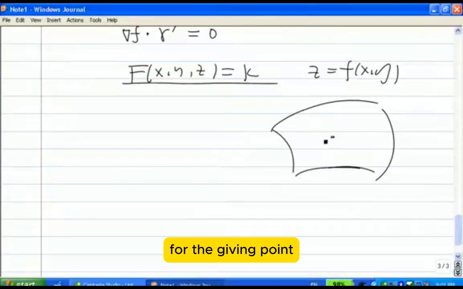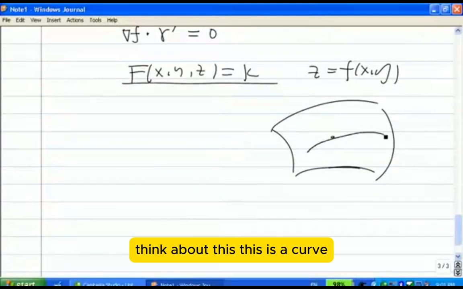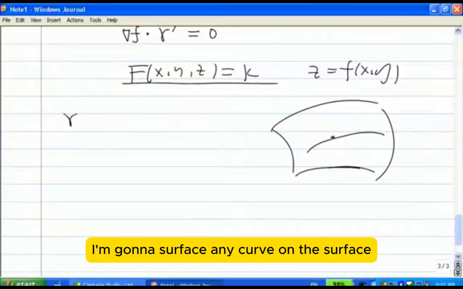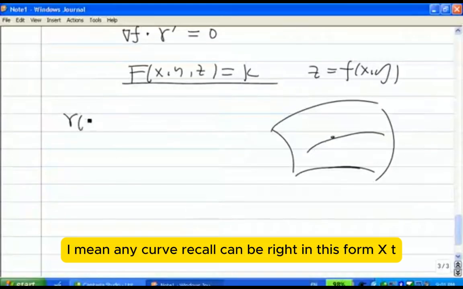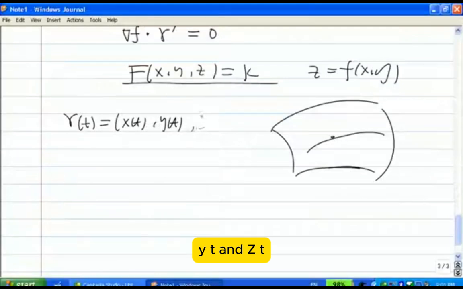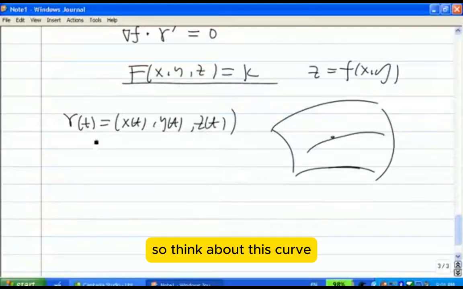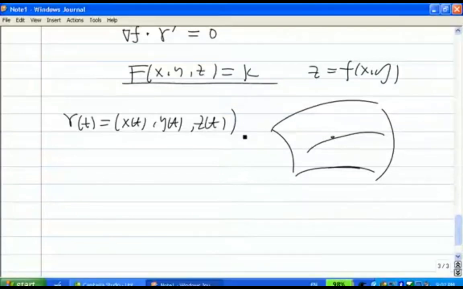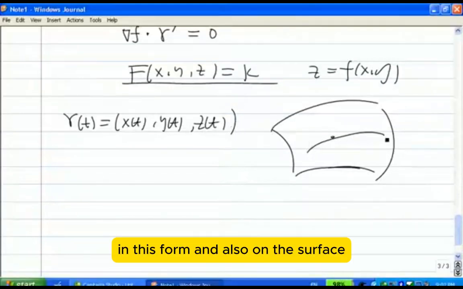For the given point, think about this. This is a curve on that surface. Any curve on the surface can be written in this form: x(t), y(t), and z(t). So think about this curve in this form and also on the surface.